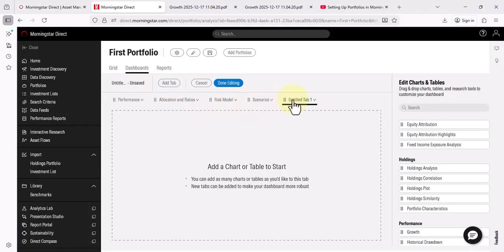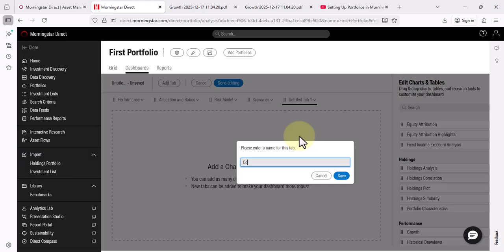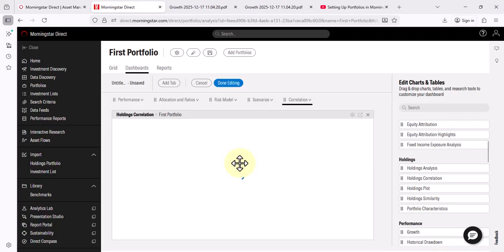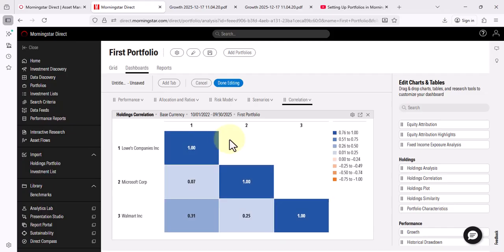And I can call this correlation. And then I can just pull that over here. And this goes 3 years. I will change this to include a different time period.